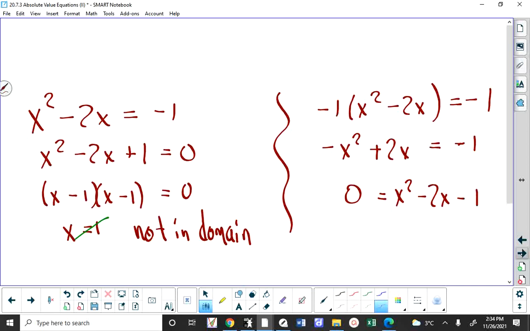Is that factorable? The numbers are small, so you should probably be able to figure out whether it's factorable or not without finding b squared minus 4ac, but let's find b squared minus 4ac anyway.